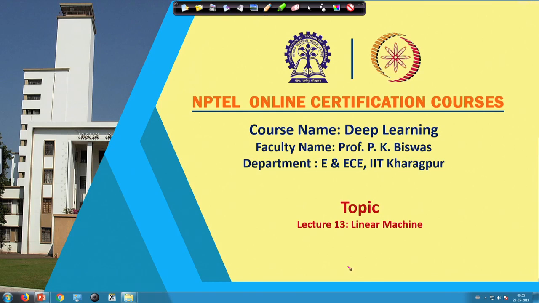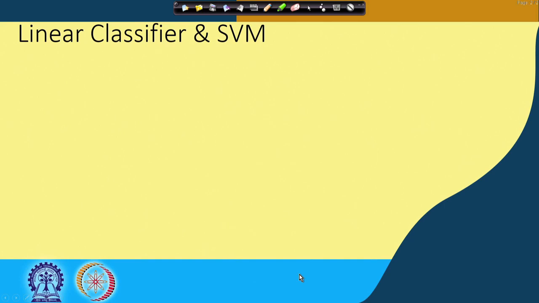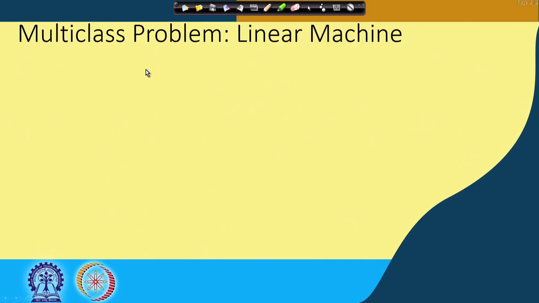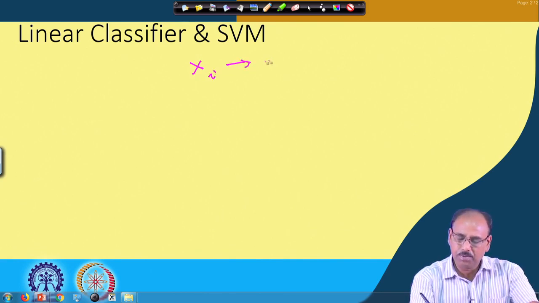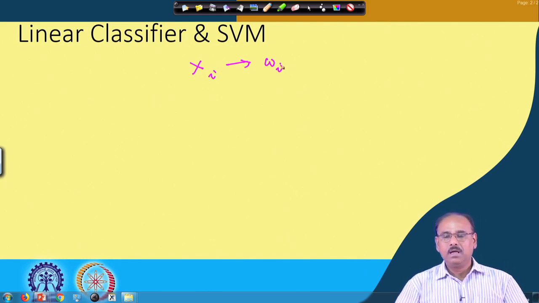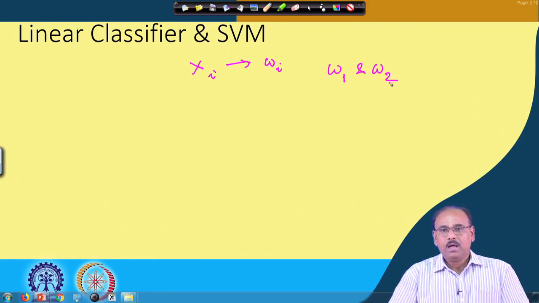What we did in the case of a linear classifier is that we assumed that we have a number of training samples yi, which were assumed to belong to class omega i, in the sense that I had training samples from two different classes, class omega 1 and class omega 2, and using these training samples we wanted to find a separating plane which separates the samples belonging to class omega 1 and class omega 2.